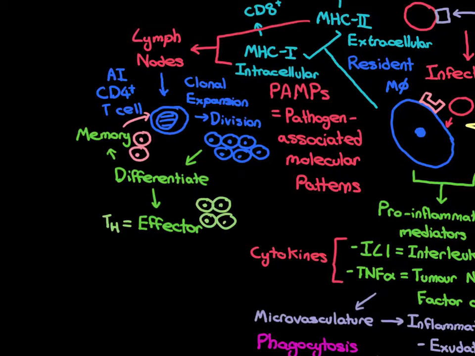Okay, so most of the progeny of our expanded CD4 positive T cell then are going to become these effector CD4 positive T cells, and these effector CD4 positive T cells will assist in the activation of the autoreactive clone of B cells. So, let's now summarize what we have seen for the activation of our autoreactive clone of CD4 positive T cells, then we'll have a break, and in the next video we'll have a look at the activation of the autoreactive clone of B cells.